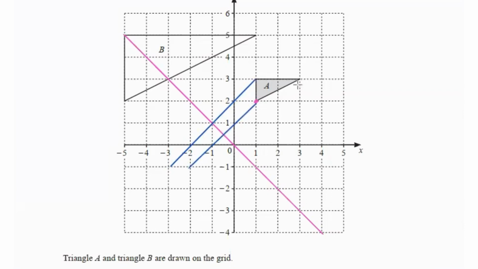And then this 1, 2, 3, 1, 2, 3. So now if I connect these, this is our triangle C. This is a reflection in the y equals negative x line.